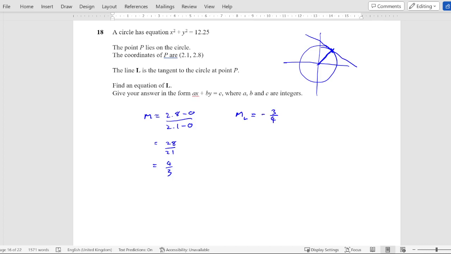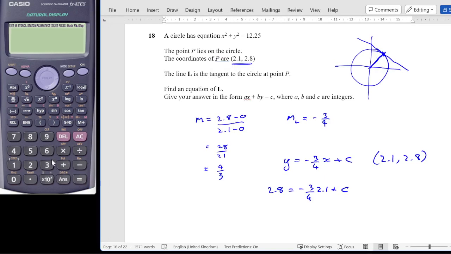And then we know that it passes through this point here, so we know the gradient and we know a point, so we can say that y is going to be equal to minus 3 over 4x plus c, but it passes through the point 2.1, 2.8. So when y is 2.8, x is going to be 2.1. So we'll rearrange that fairly quickly. So I'll bring my calculator back up.